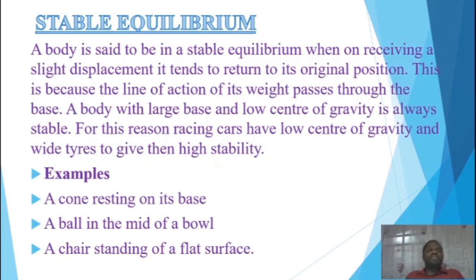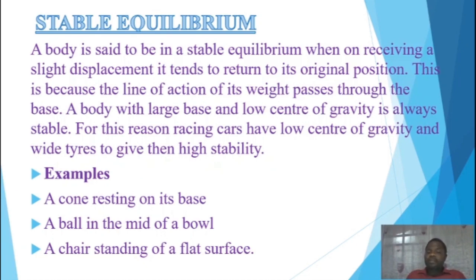I want to give an example. For instance, you are sitting on a chair. If you suddenly pull the chair up, the chair will do what? Fall back to its original position, especially when the chair is resting on a horizontal surface. This is because this chair is stable, is in a position of stable equilibrium.